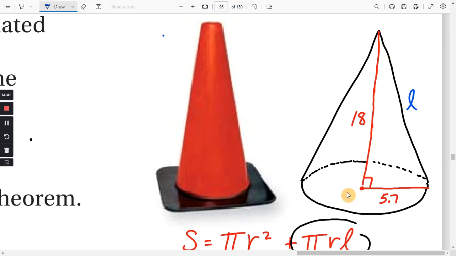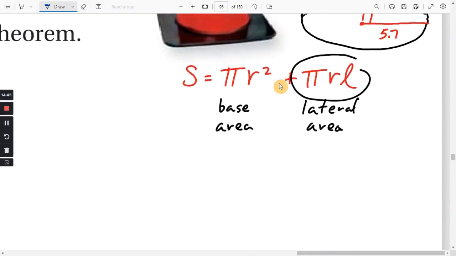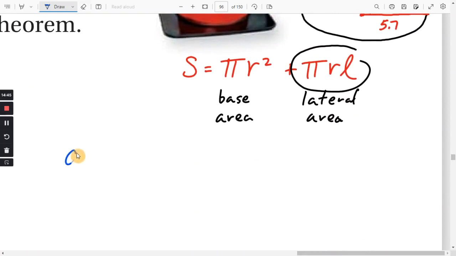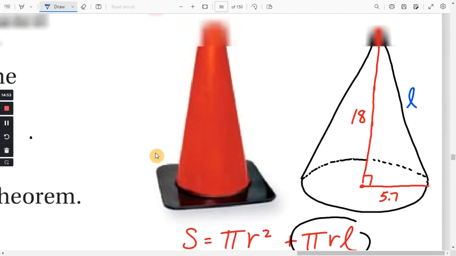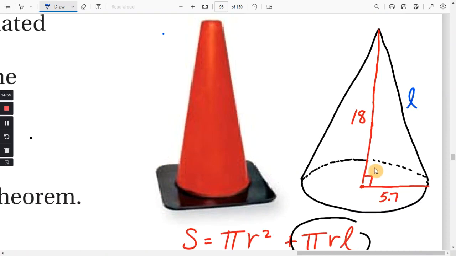So once again, we need to use Pythagorean theorem. A squared plus B squared equals C squared. As always, across from your right angle, that's going to be C. The other two sides are A and B, so I'm going to let A equal 18, and I'm going to let B equal 5.7.